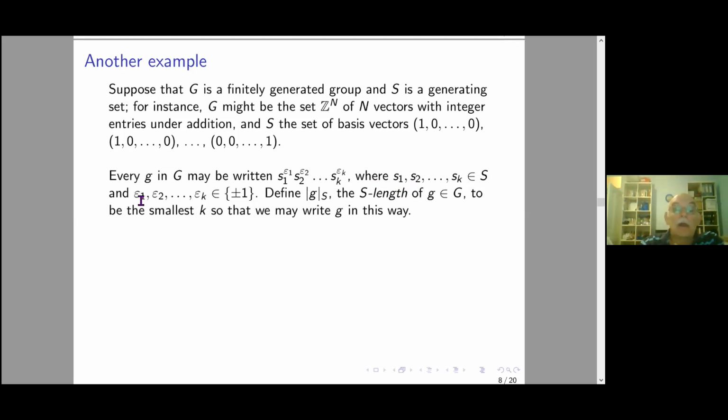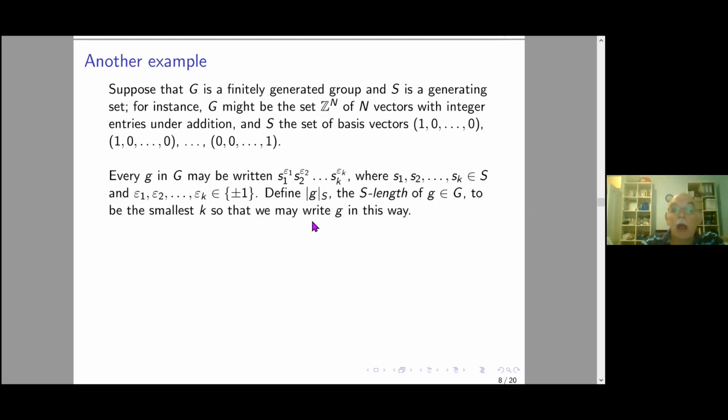The exponents here I just take as being plus or minus 1. So I can take either a power 1 or the inverse of that. So if I had these basis vectors here, instead of taking 1, 0, 0, I'd be allowed to take minus 1, 0, 0, 0. And then I end up adding these vectors. That's the thing that corresponds to multiplying in a multiplicative group.